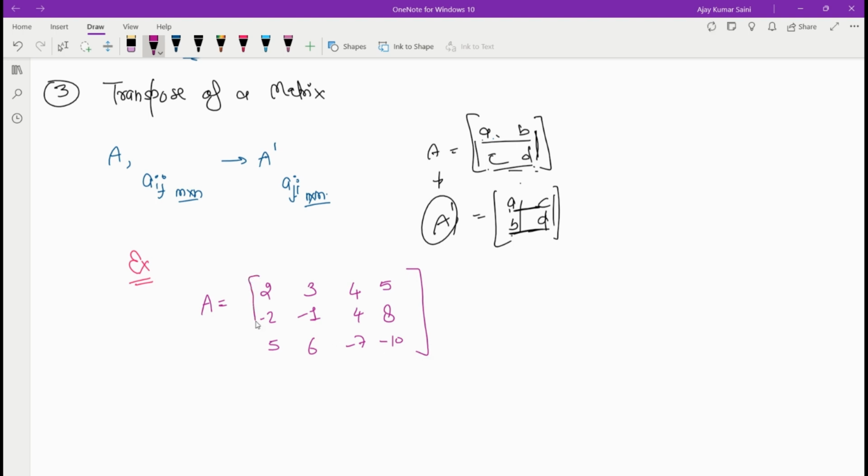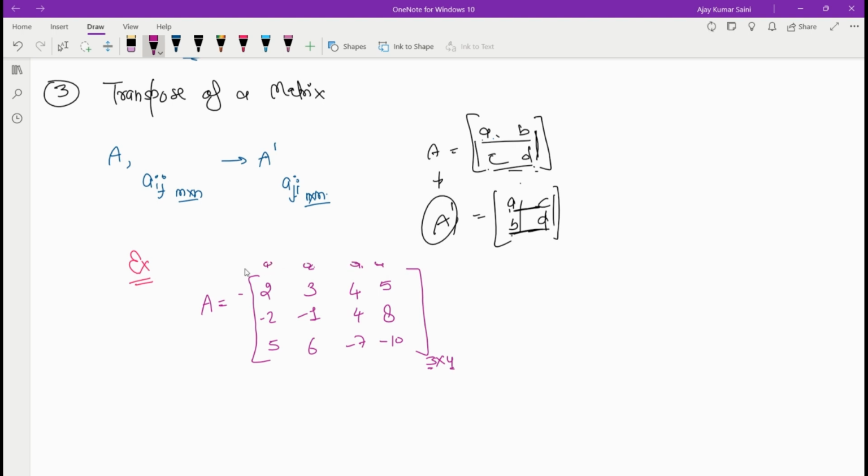So it is a matrix. Now you can see that it is a matrix of 3 into 4, meaning 3 rows, 1 2 3, and 4 columns, 1 2 3 4.